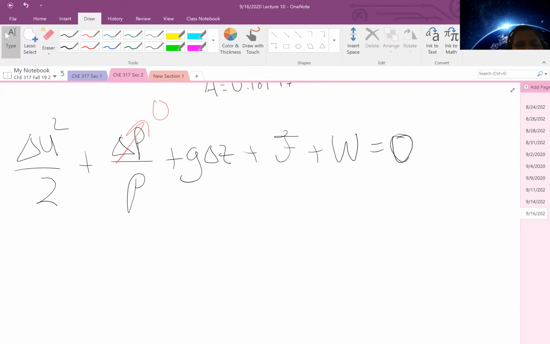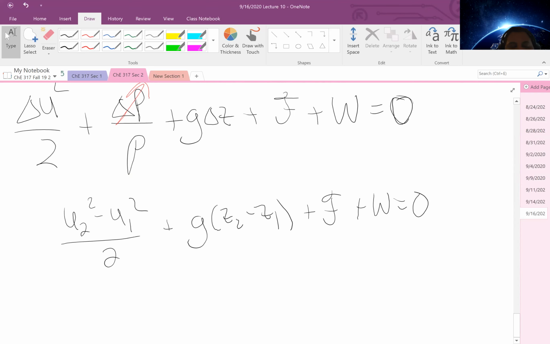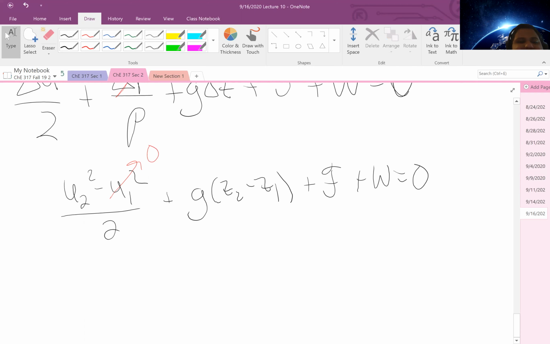And so with this in mind, I can further expand this out. Once again, I'd probably also consider this initial velocity negligible for a couple of reasons. One, if you consider it to be not negligible, this term will cancel, and you may run into a tendency of underestimating your power requirements.